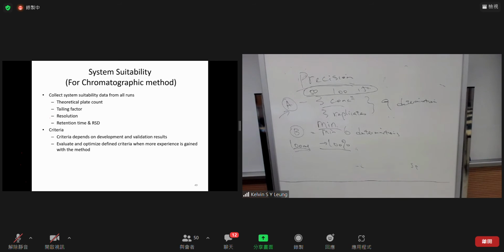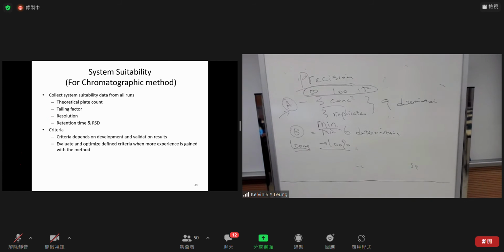Even if you are not following the USP method, if your method is chromatographic, you also need to collect some data about the system suitability: the theoretical plate count, tailing factor, resolution, and the RSD of your retention time as well. You have to set the criteria yourself, or with reference to the USP.